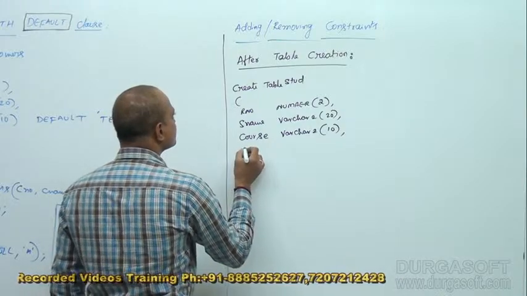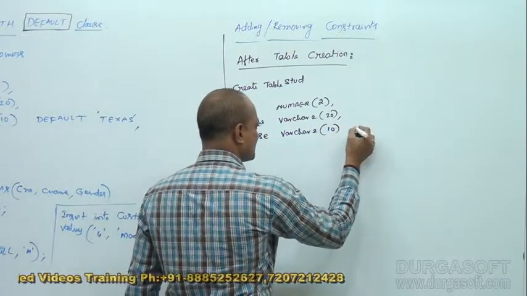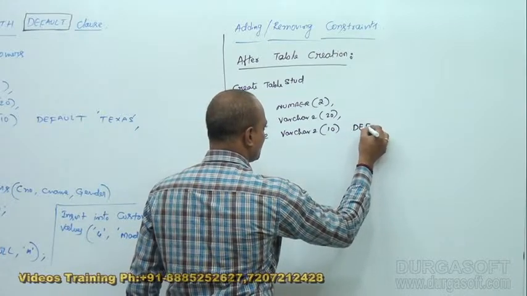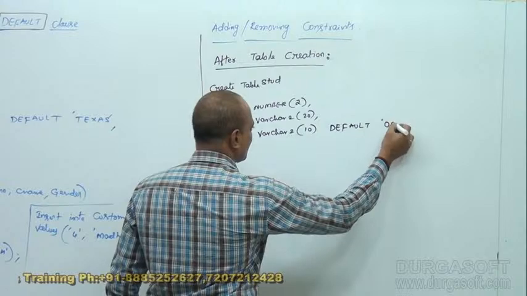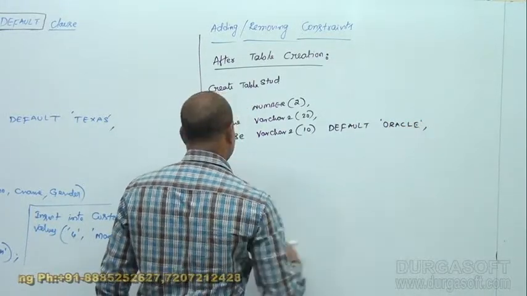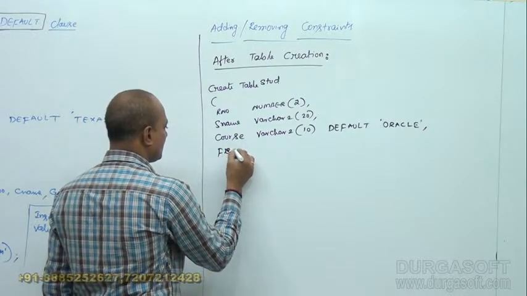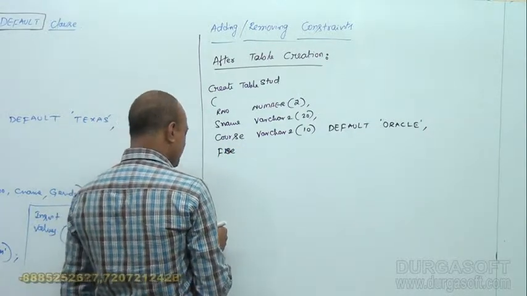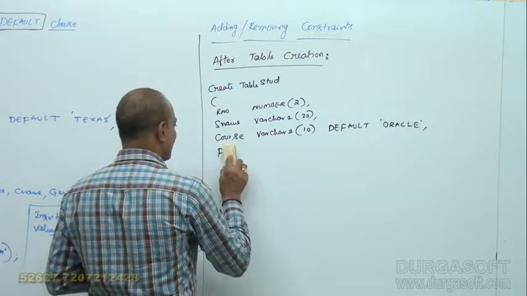Here I am creating the default course. I am creating a course column with the default keyword. The default course name is Oracle, so the column is populated with Oracle. Here, fee. The default fee, let me consider it as 14,000.